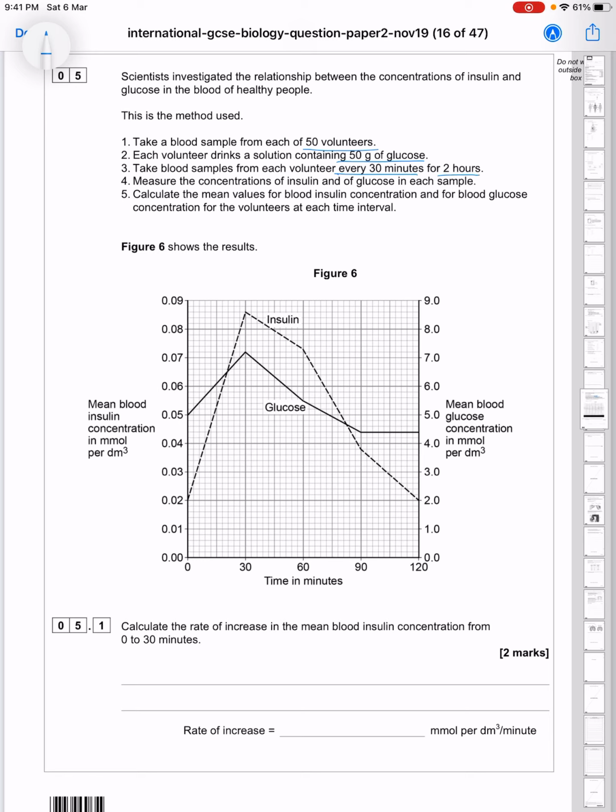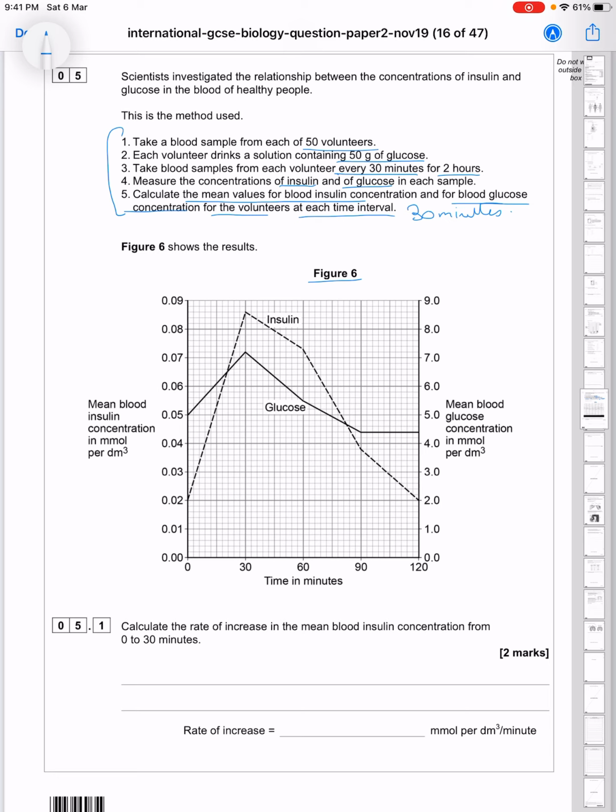Insulin and glucose concentration was measured in each sample. Then they calculated the mean values for blood insulin concentration and blood glucose concentration for the volunteers at each time interval, which was 30 minutes. So the method is quite self-explanatory and very clear.